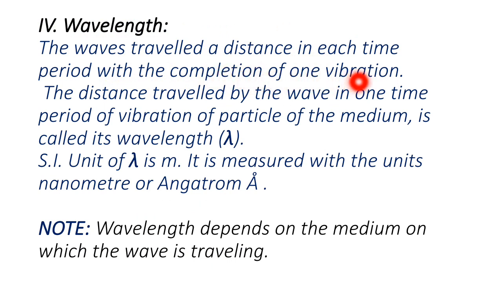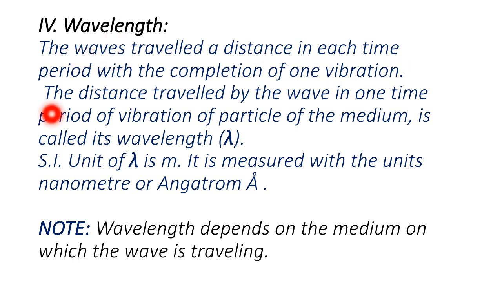As one vibration is completed, what is the time taken? As we all know, the time taken is called the time period. So in one time period, for the completion of one vibration, whatever distance is covered by the wave is called the wavelength.